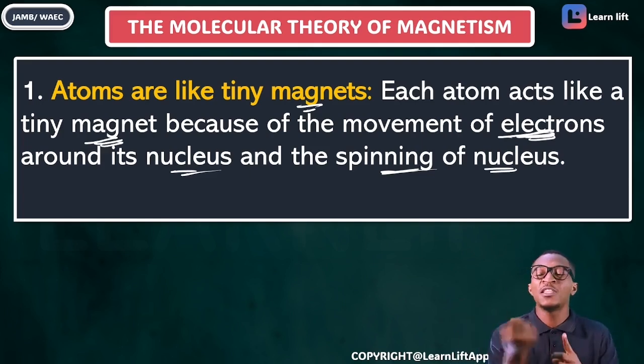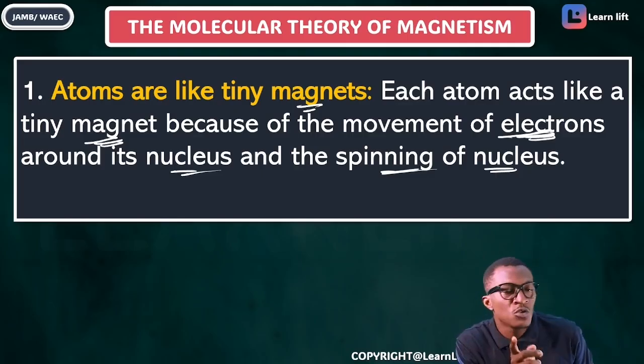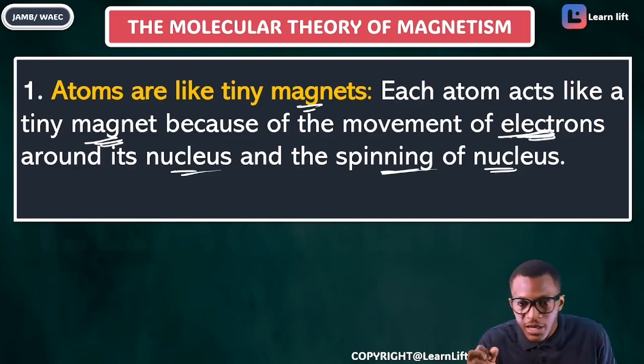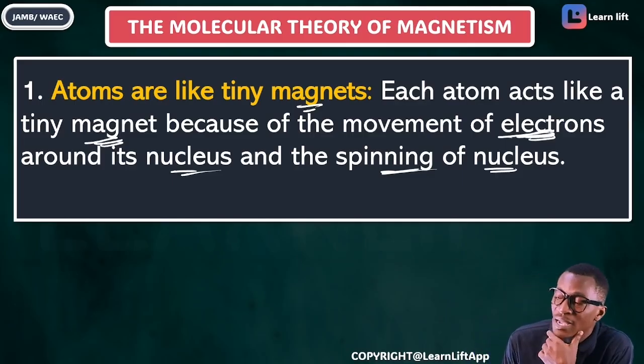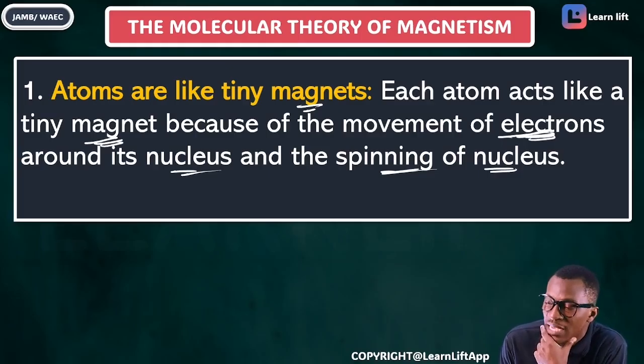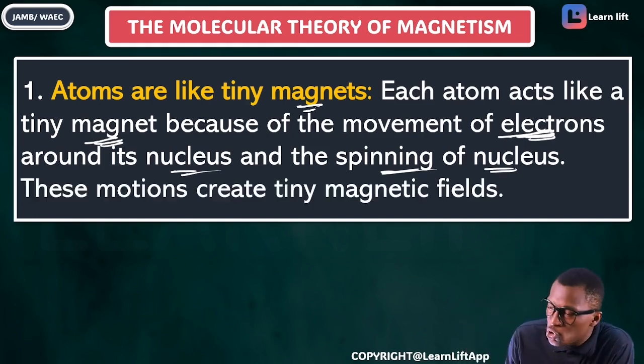And number two, the spinning nucleus. The nucleus doesn't move; it just spins. Because of this revolving electron and the spinning nucleus, this structure behaves like a what? Magnet. So we say that atoms are like tiny magnets. Each atom acts like a tiny magnet because of the movement of electrons around the nucleus and the spinning of the nucleus. This motion creates a what?